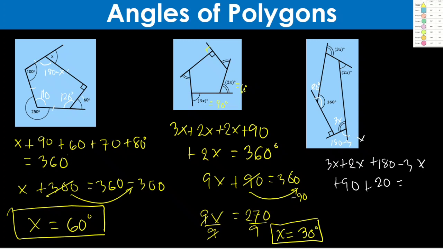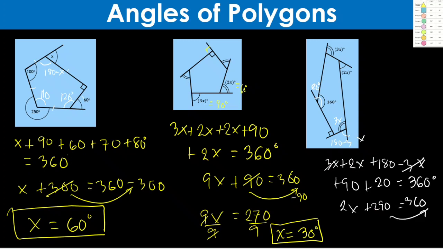And okay, I think we got all the exterior angles already, and the sum of the exterior angles is 360 degrees. Okay, we sum up all the x's. This one will cancel out. So we have 2x left here, and all the remaining angles. 180 plus 90 is 270, that's 290. Plus 290 equals 360.